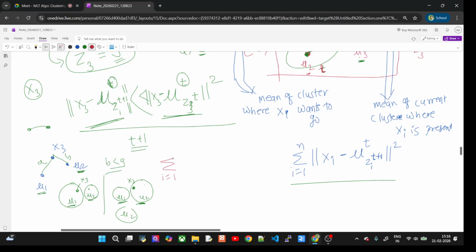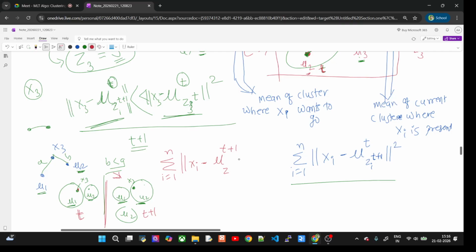So at that time, what happened? xi minus mu of t plus 1, because now you are in the situation where you jumped. x3 was here at t, and now he is at t plus 1 in this diagram, which I'm showing in red. Now x3 is saying, okay, now I am at t plus 1 iteration.